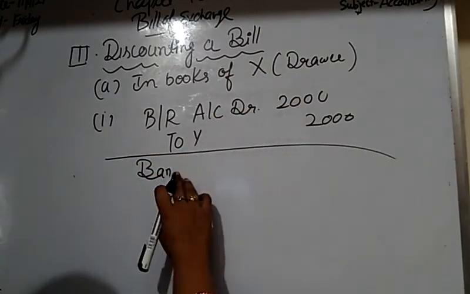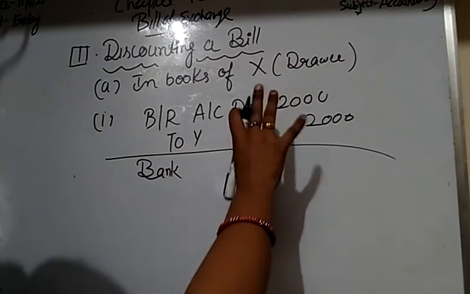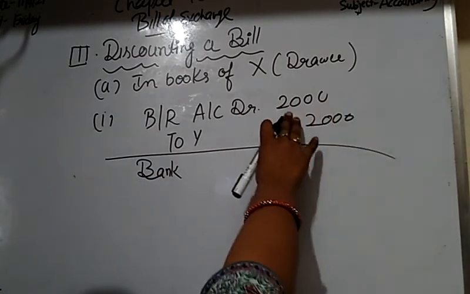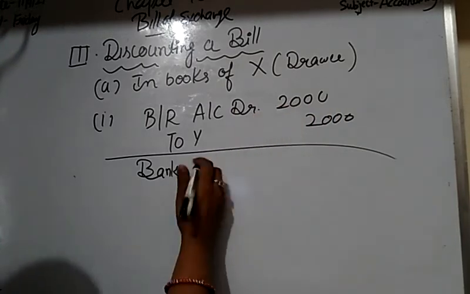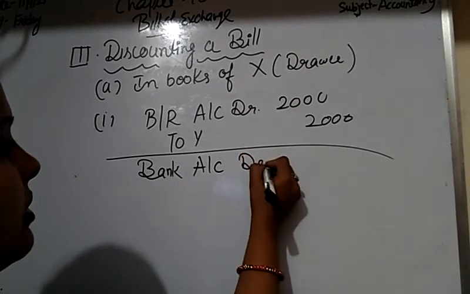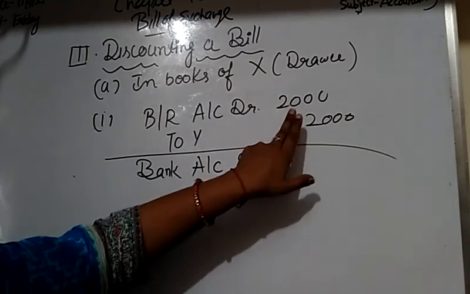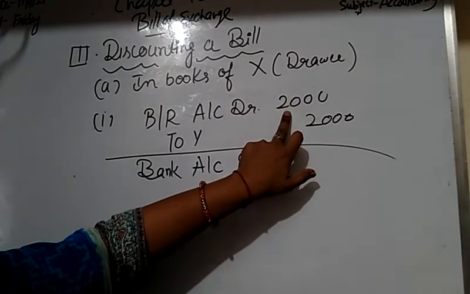When X discounts, money is transferred to his bank account, so the bank account of X is debited.